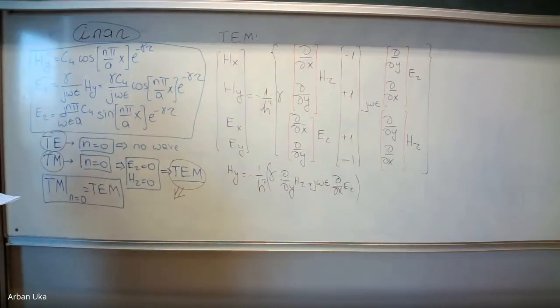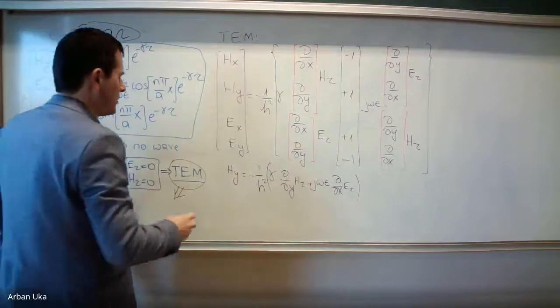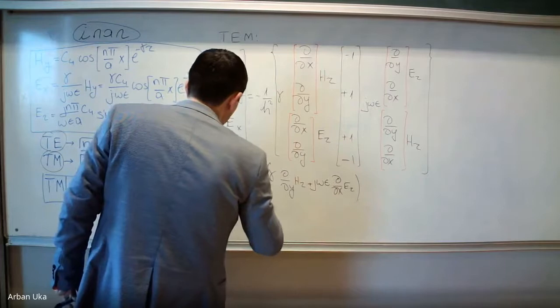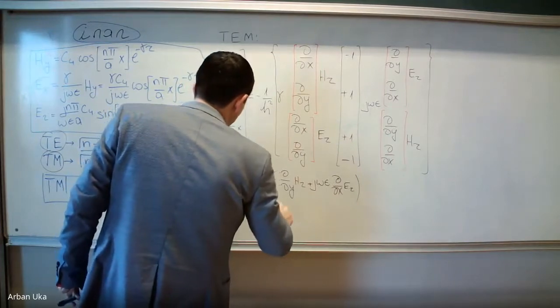What we can say here is that if Hz and Ez are equal to 0, then imagine for a moment that Ez is equal to Hz is equal to 0.